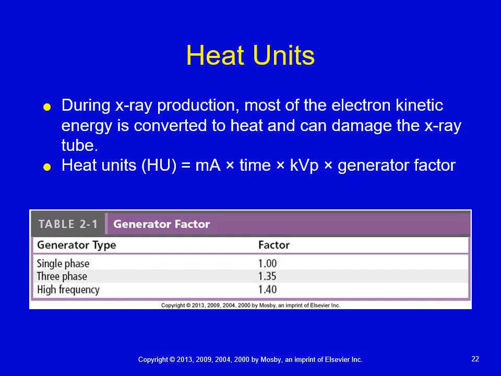Now, for the generator factor or the correction factor, whichever formula your book gives you is still the same formula regardless of how it's written. For single phase, the generator factor or correction factor will be the number 1. This chart doesn't break down 3-phase 6 or 3-phase 12, however, some books break it down into 3-phase 6, 3-phase 12, and also high frequency units.